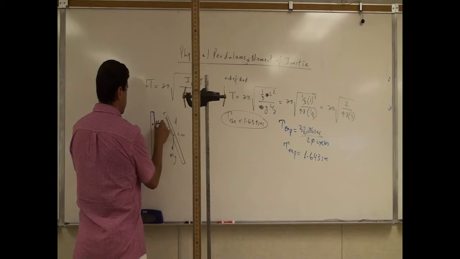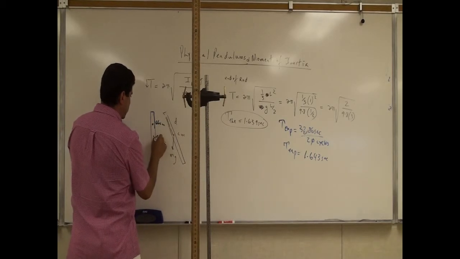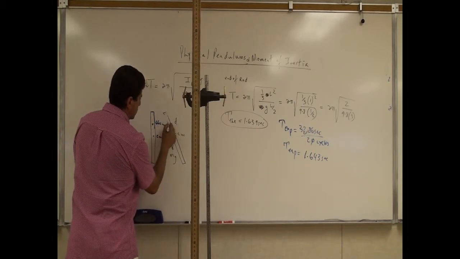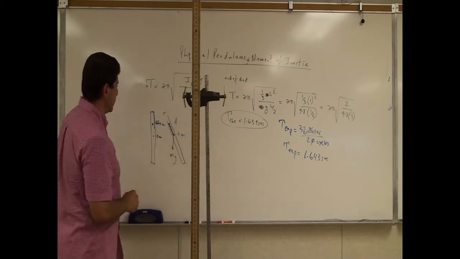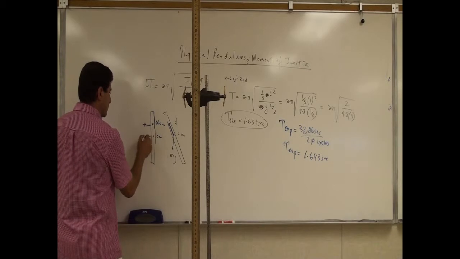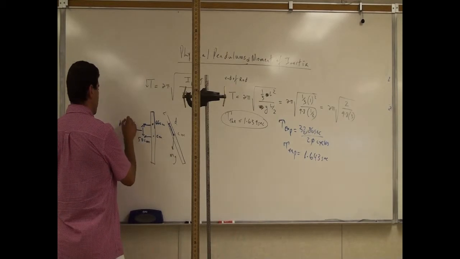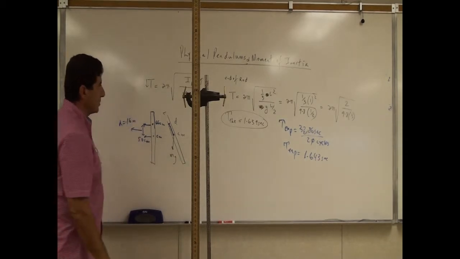This is 66 centimeters, and then the center of mass is right here. So the distance d is going to be the distance between the 66 and the 50 centimeter mark. This is the 50 centimeter mark. So the distance d is going to be 0.16 meters.